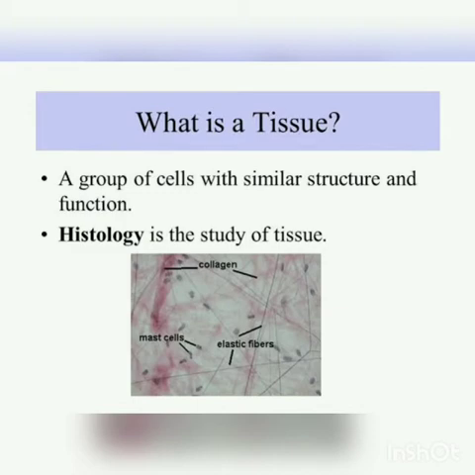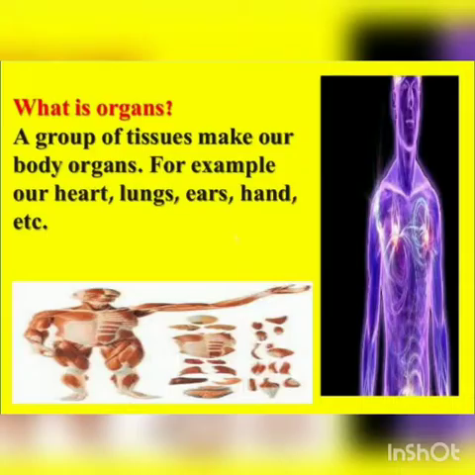Okay, these tissues are organized in specific proportions and patterns to form organs. So, a group of tissues combine to form an organ like lungs, heart, stomach, kidneys, etc. Hence, the tissues are called living fabrics.